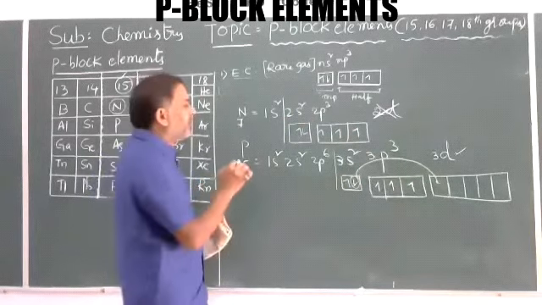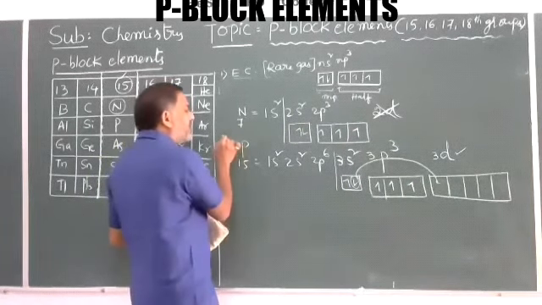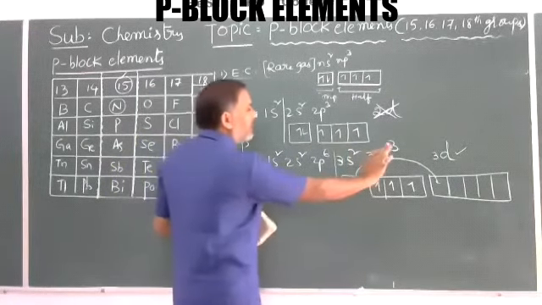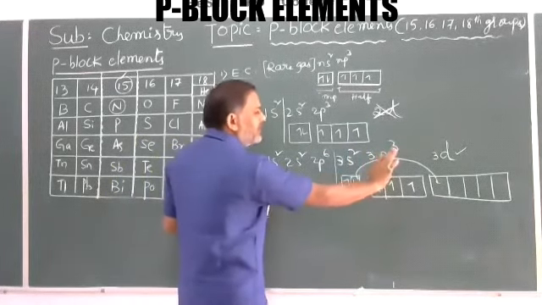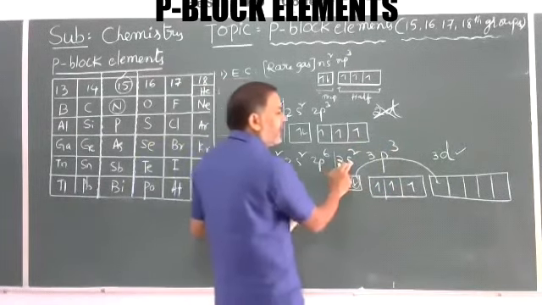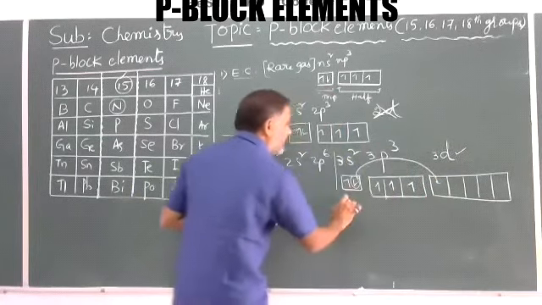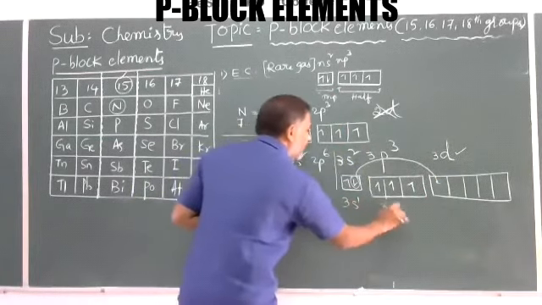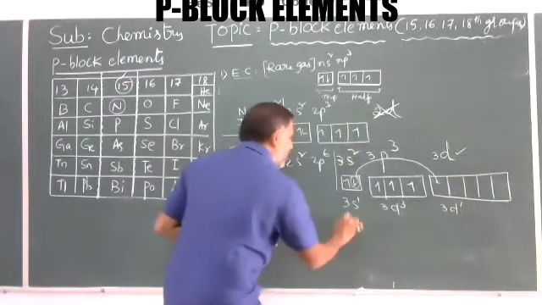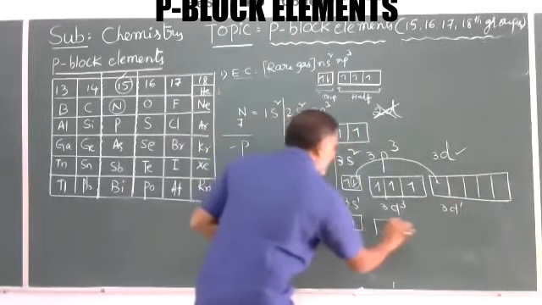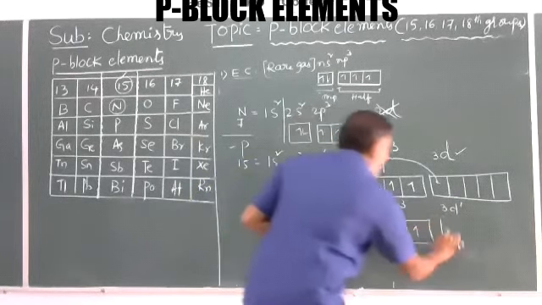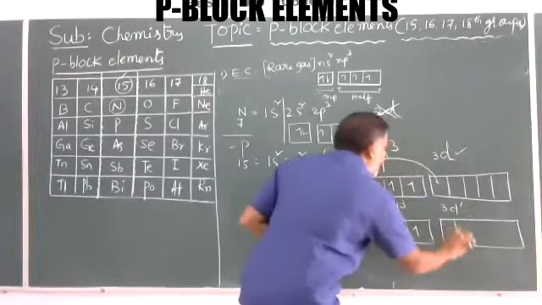That's why except nitrogen, the remaining 15th group elements, from phosphorus onwards, have d orbitals available. The electrons are excited from 3s2 to 3d in the first excited state, like 3s1, 3p3 and 3d1. Valence electrons are 5 only, there is no change. But the unpaired electrons are 5.